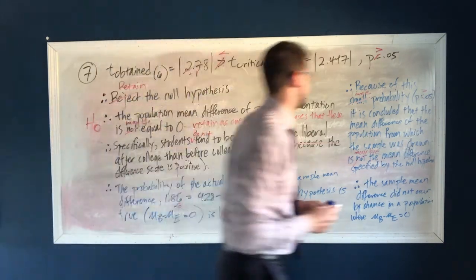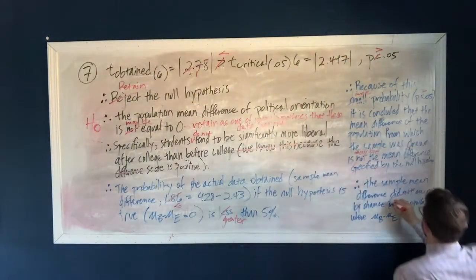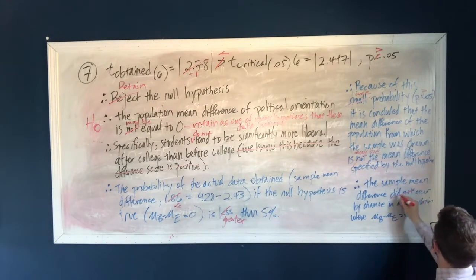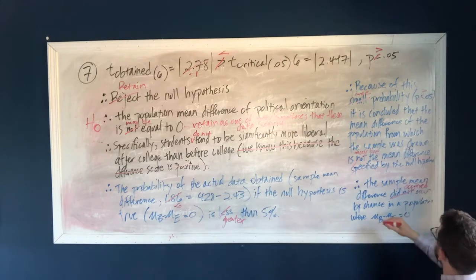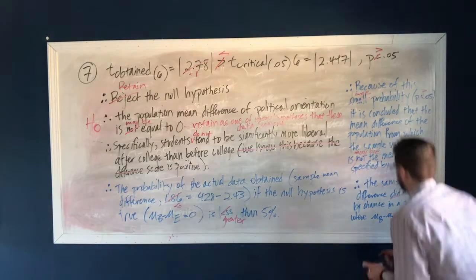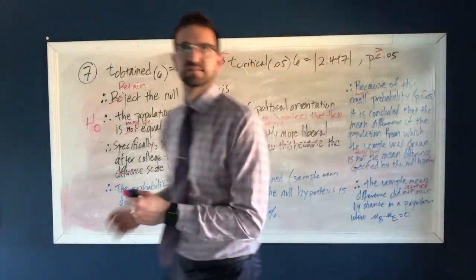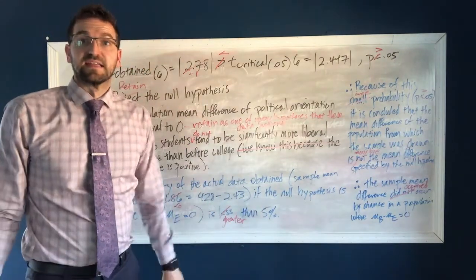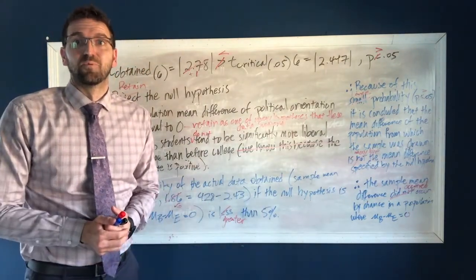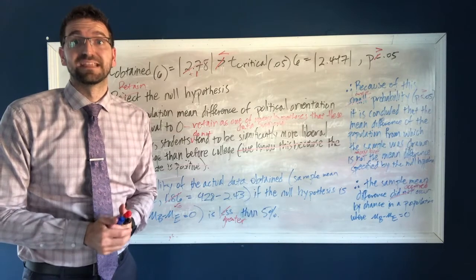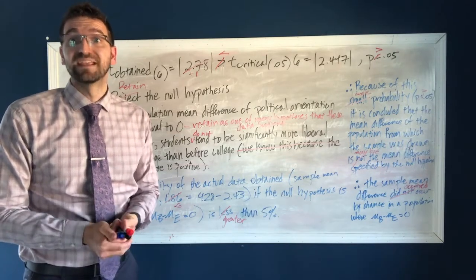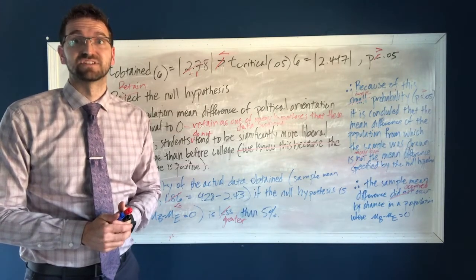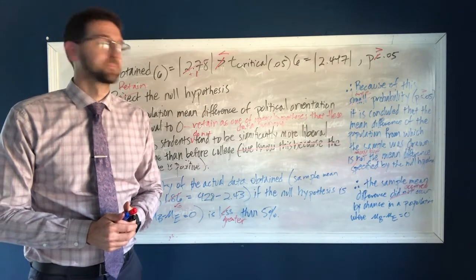The sample mean difference occurred by chance in a population where the null hypothesis is true. Okay, so our sample mean difference being different from 0 would be a chance fluctuation. Okay.